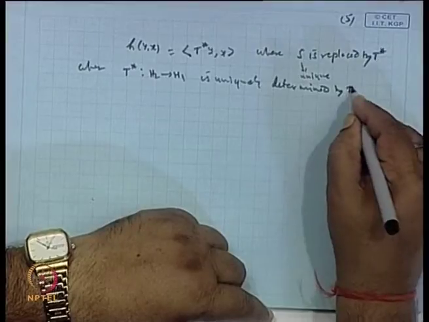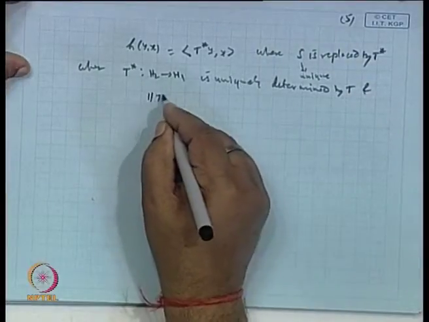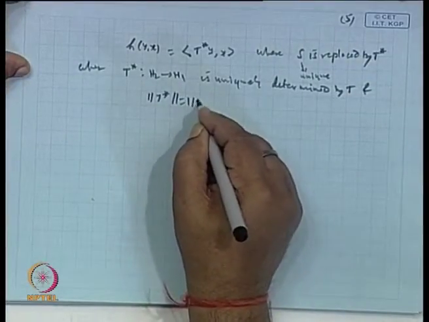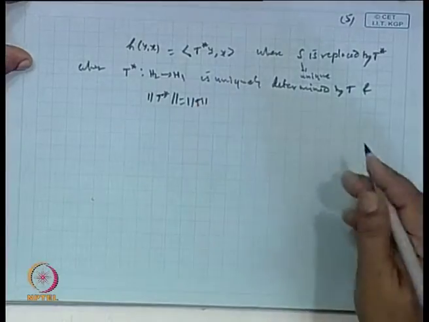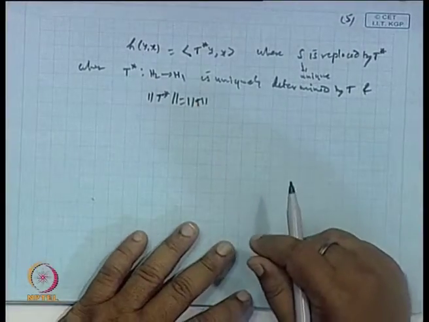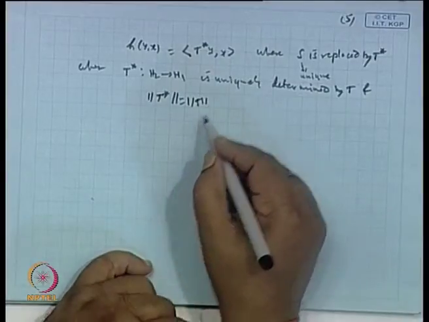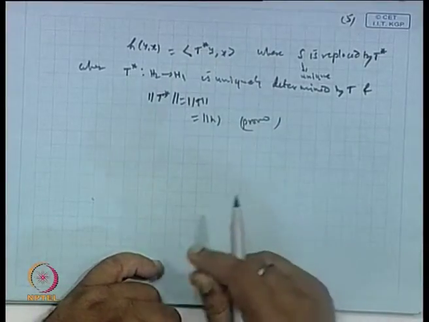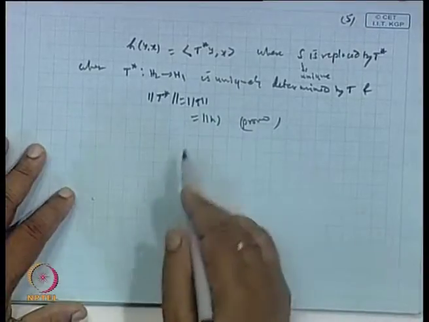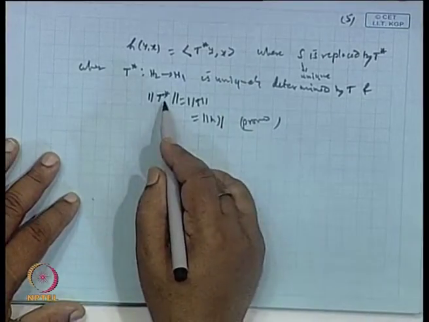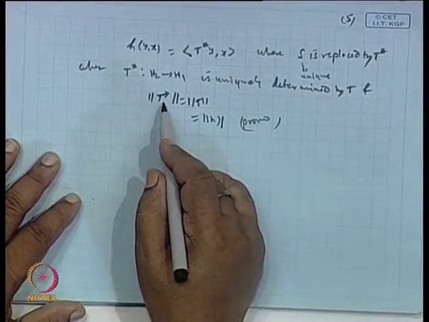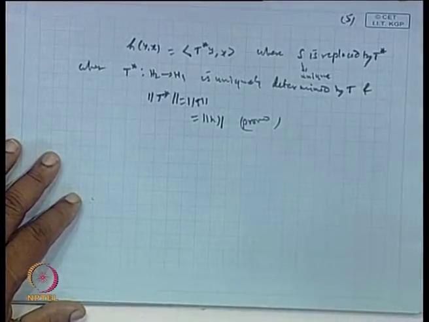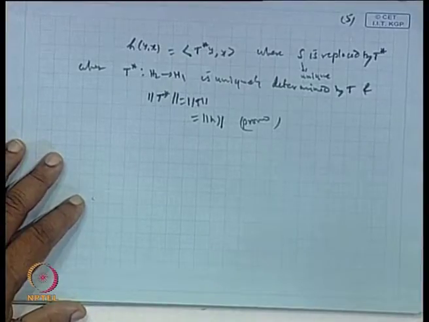By T, and it has the same norm as the norm of T, because norm of S is equal to norm of T. So, it is clear, but norm of T is equal to norm of H, this is proved. So, what we conclude is that we are basically coming in reverse way. First we say that norm of T star is equal to the norm of H. And as we have proved the norm of H is equal to norm of T, then that is correct.